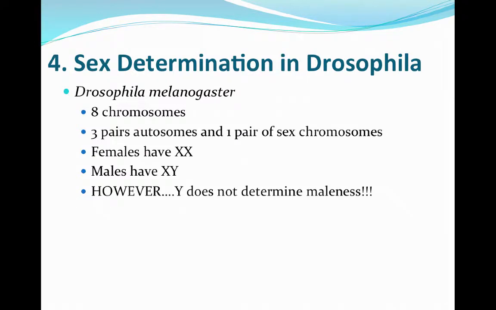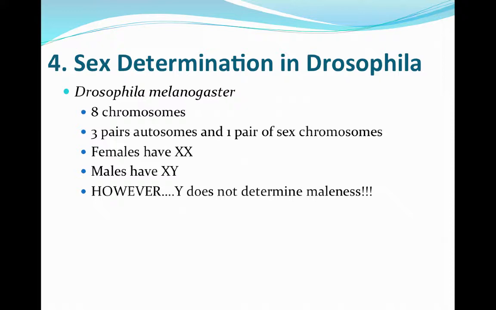The fourth type of determination system that we're going to talk about is very specific to Drosophila, or the common housefly. So just to give you a little bit of background, Drosophila has a total of 8 chromosomes, and those chromosomes really split out into 4 pairs. So 3 pairs of chromosomes are going to be autosomes, and 1 pair is going to be sex chromosomes.